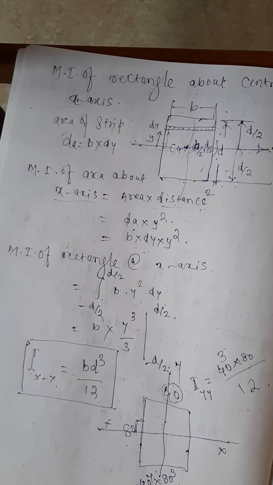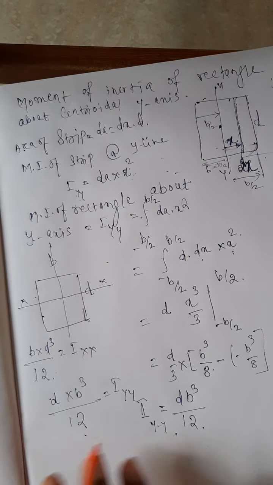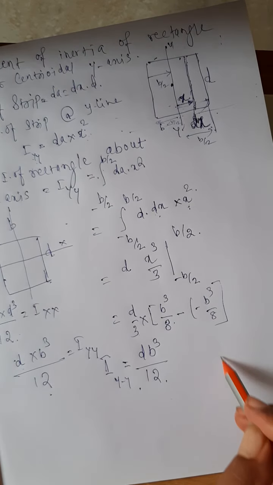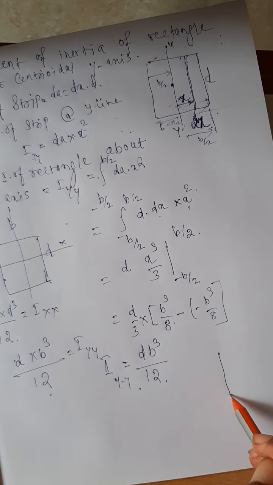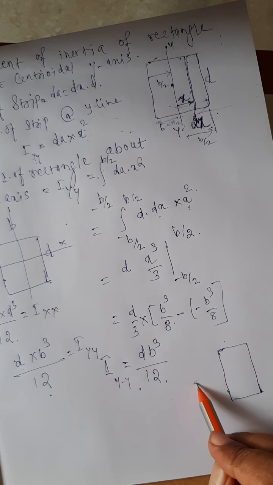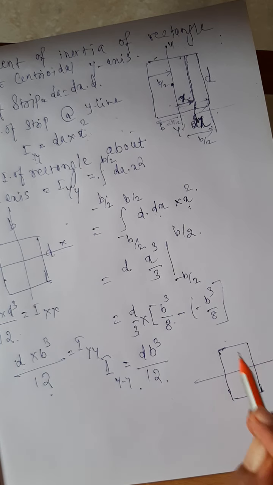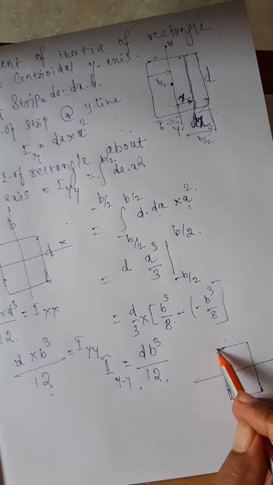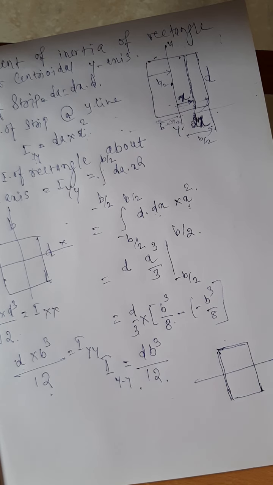Any problem in understanding this? In general, if your figure is like this and you want the moment of inertia about this line, you take this line cube into this divided by 12.